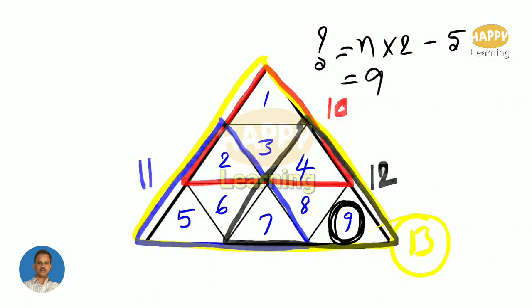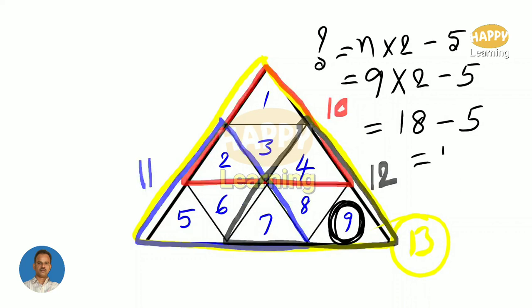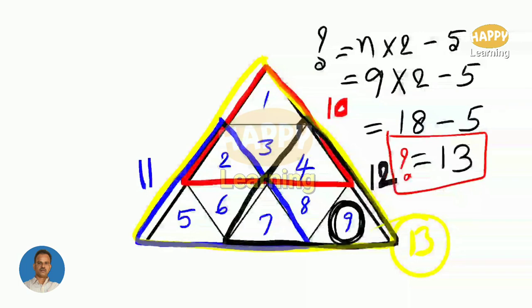So 9 into 2 minus 5, that is equal to 18 minus 5, that is equal to 13. Total 13 triangles are there in this diagram. Okay, next.